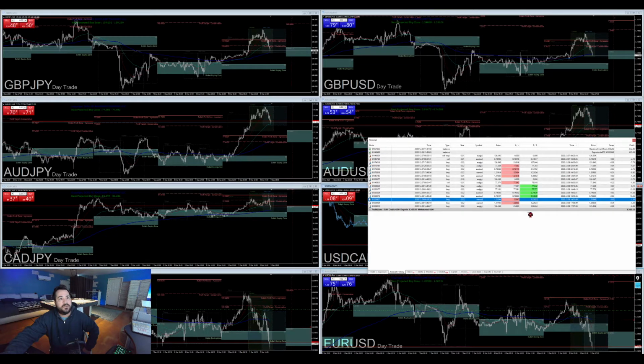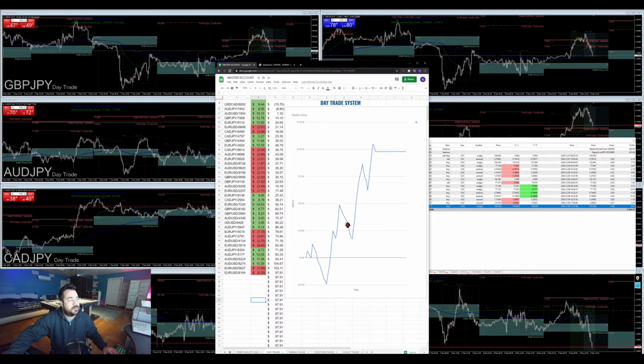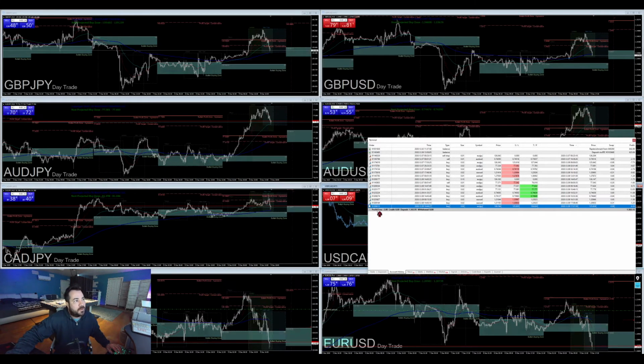But let's get into that stop that I just took. For some reason, it's not showing red here on the stop, which is strange. But this one, very disappointing because it looked like we had that one. This is going to be number 8213.